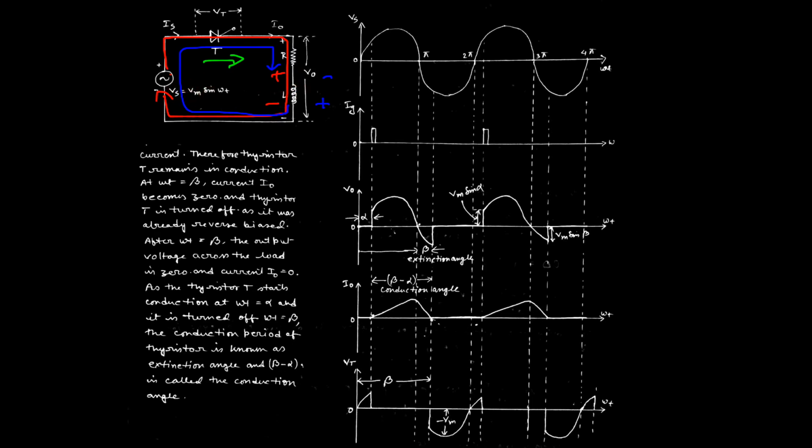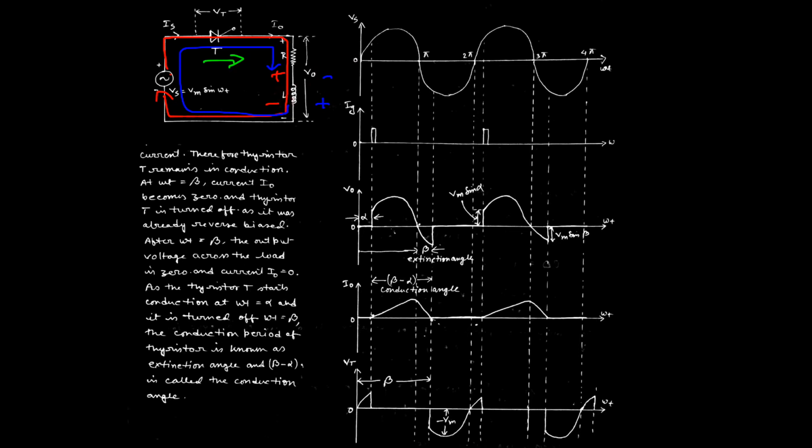When the next cycle starts from pi to 2 pi, meaning when the supply voltage goes negative, immediately the inductor changes its polarity: the lower part becomes positive and the upper part becomes negative, and the inductor tries to discharge.